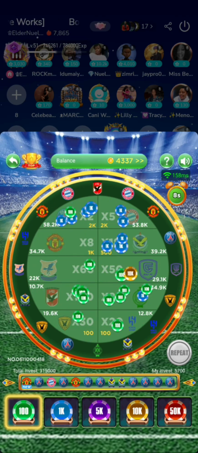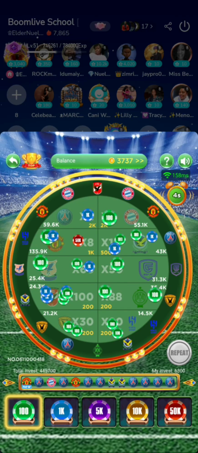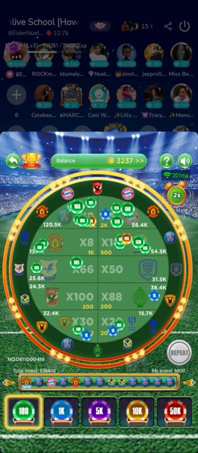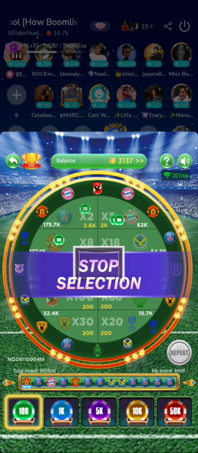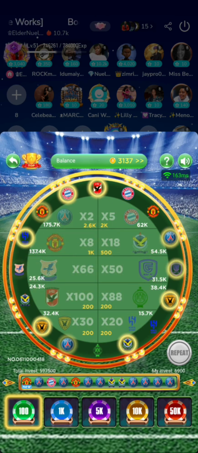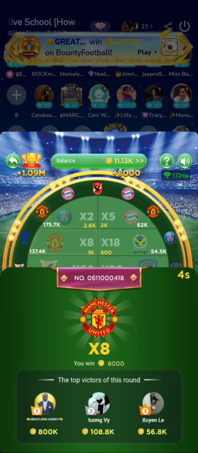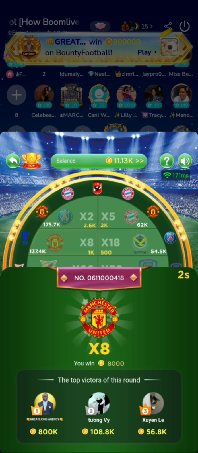Then you can touch the big numbers and expect a good reward. Times 8 again. So that's how it happens.